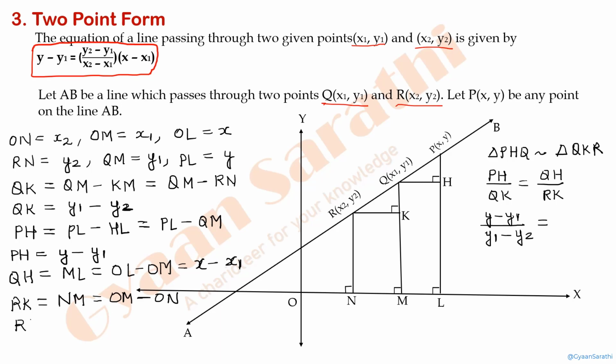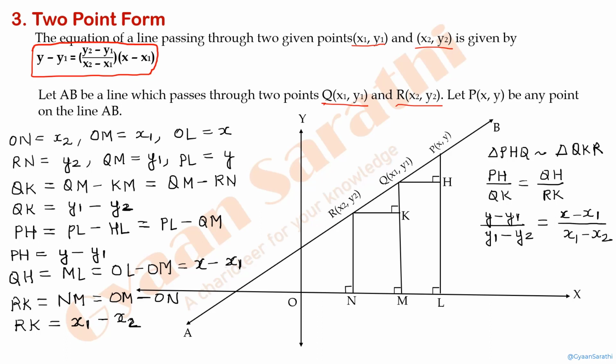So RK is equal to OM, which is X1, minus ON, which is X2. So RK becomes X1 minus X2. So QH I can write as X minus X1 upon RK as X1 minus X2.